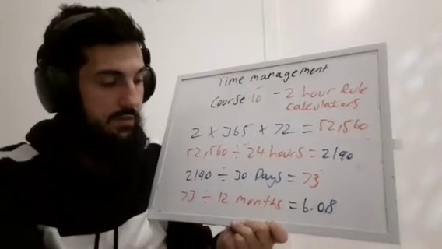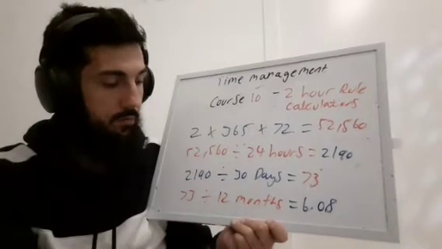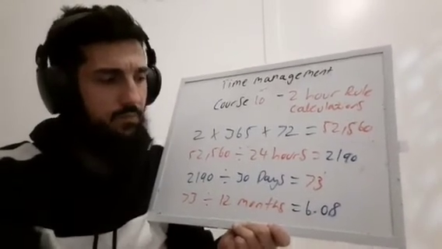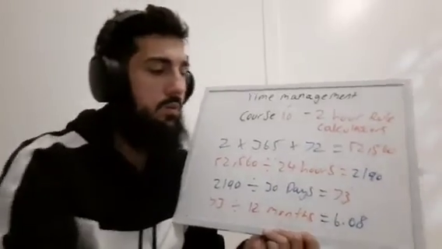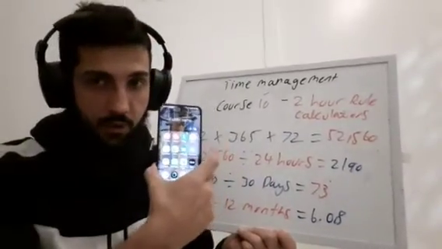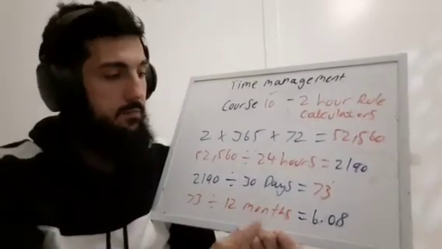We divide 73 by 12 months to make 6.08 years.